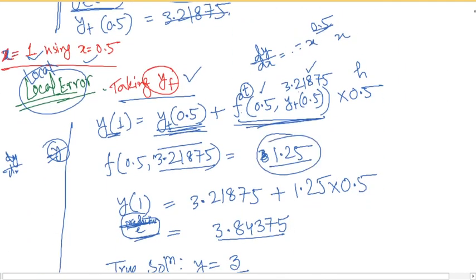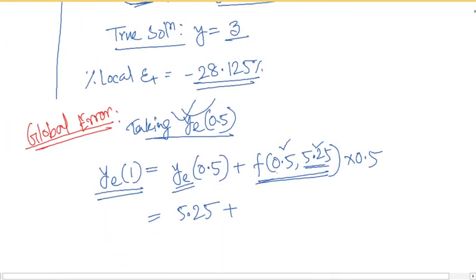this one, just because this 5.25 or 3.218 will have no impact upon this function, since only x is there. But if there were any y in the function, then this value 1.25 might vary as well.